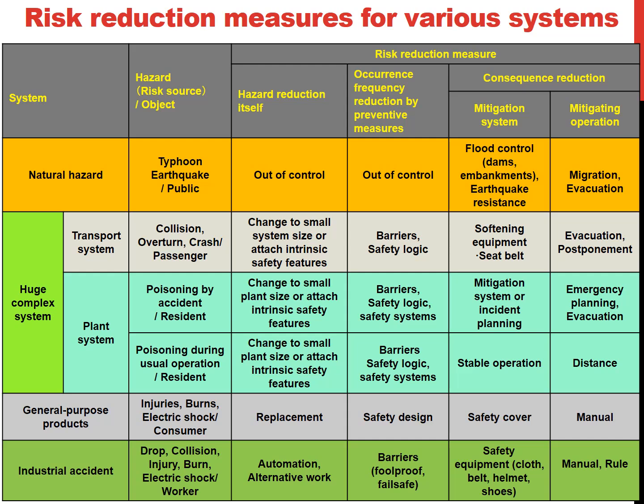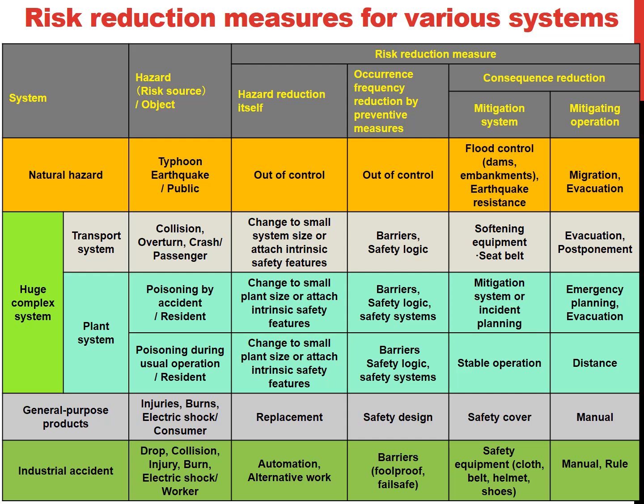For huge complex systems causing poisoning by accidents, such as nuclear plants and power plants, changing the plant size to a small one or attaching intrinsic safety features is very difficult or essential at the design phase.